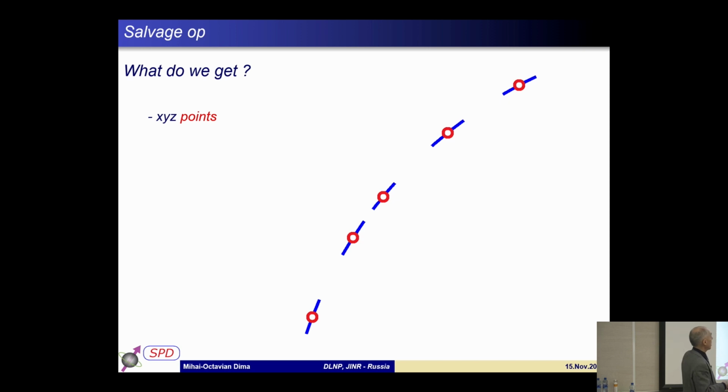We get the segments. Practically, that means we get the center of the segment, and that's XYZ information. Additionally, we get the direction of the segment, so the tangents. And then for pattern recognition, this is good because this points to the next, that points to the next, and so on. So that's fast.